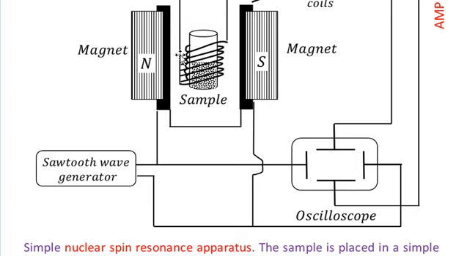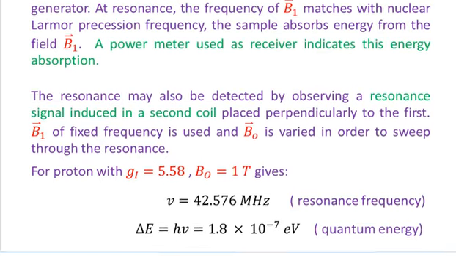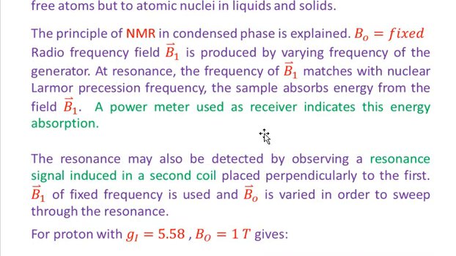For example, the B naught magnets will also be displayed. This signal will also be displayed on the scope, so that we can know the value of the strength of the magnetic field B naught. So you see that after having explained this circuit, I am now going through the paragraphs very quickly.